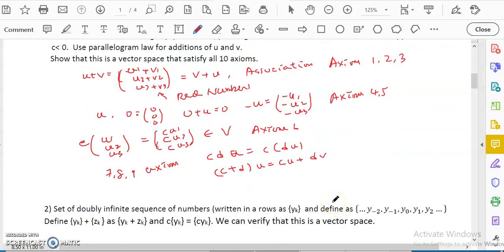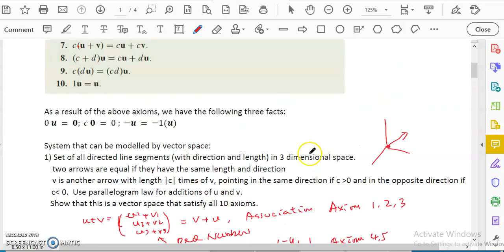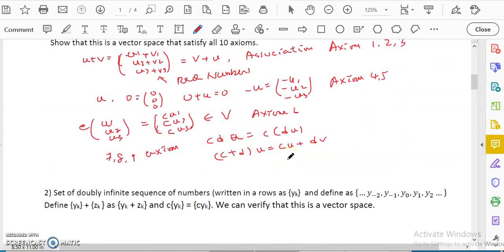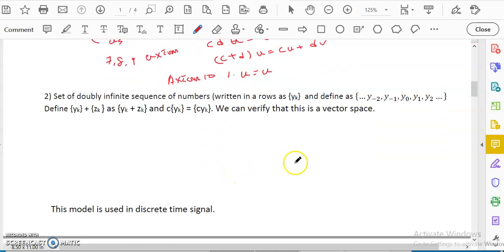So 7, 8, 9 are all okay. Then axiom 10 is if I multiply 1 by u, that equals u. Because 1 is a scalar, axiom 10 also works. So all 10 axioms work, so this is a vector space.